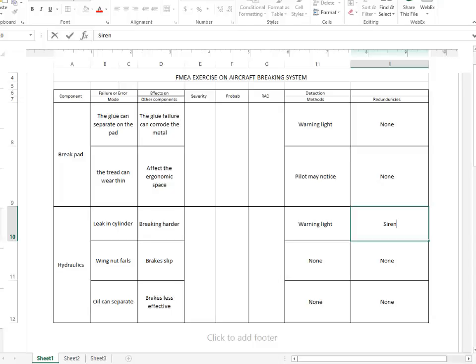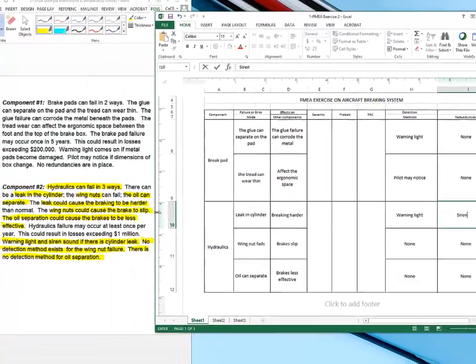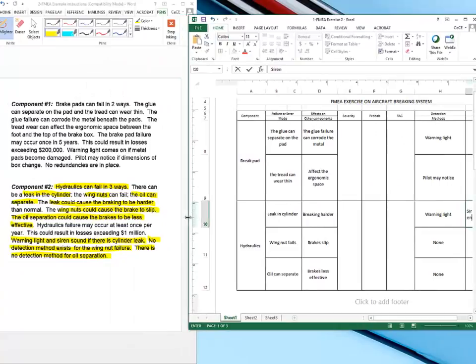All right, so what we're going to do now is fill out the middle portion. And so I'm going to go back to the first component, and let's see what information we have on severity, probability.